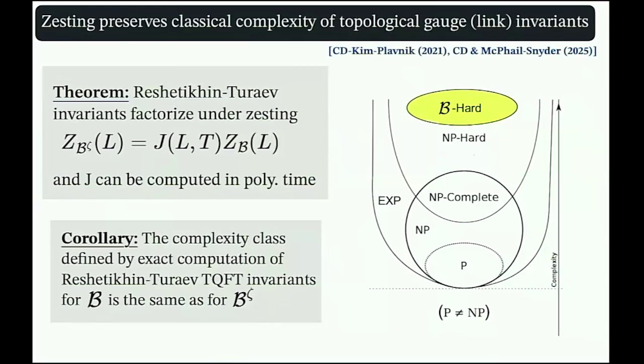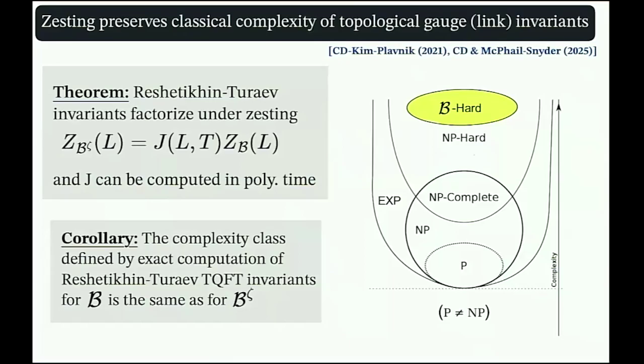The reason I like this result is that if you look at whatever complexity class, and you could say classical or quantum, that's carved out by the computation of these Reshetikhin-Turaev link invariants, it's the same under this construction. Here I've got my complexity class diagram, and I've highlighted something in yellow.